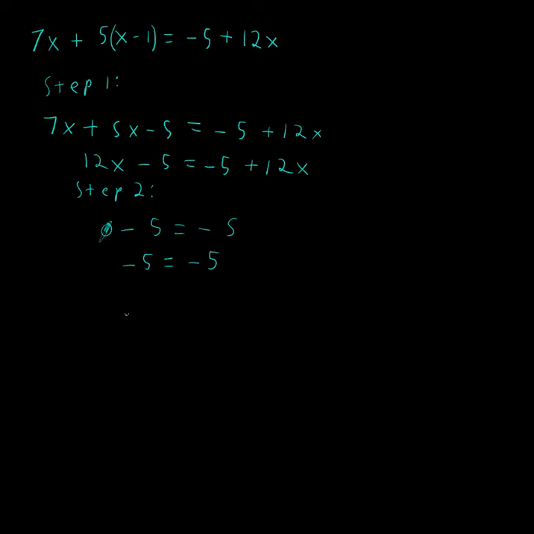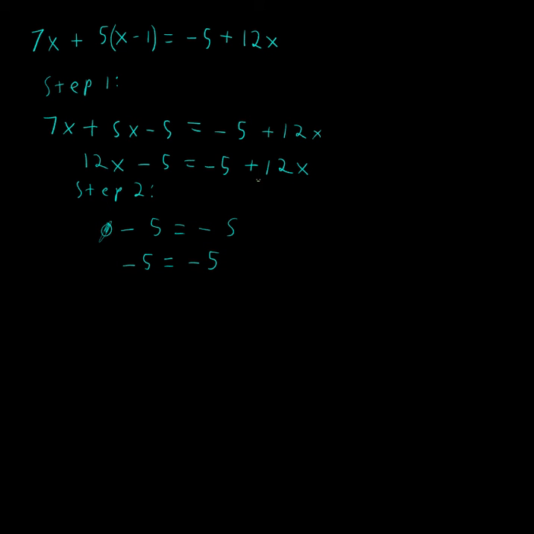Uh-oh. So this seems a little bit troublesome. Where do we go from here? But really, we've solved it. There is nothing more to go from here because we're done. We've shown that no matter what value I put in for x, I get to a statement. And is this statement true or false? -5 does in fact equal -5, so this is true. Great.